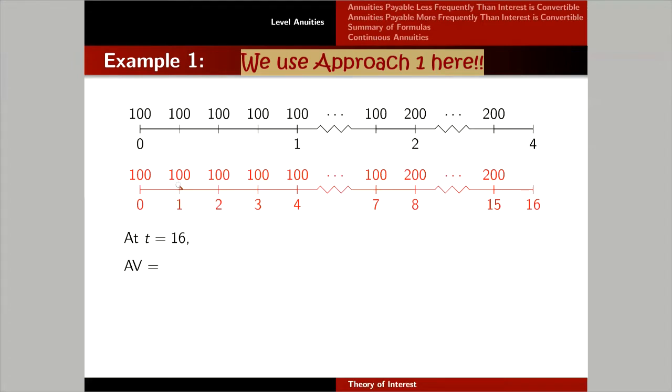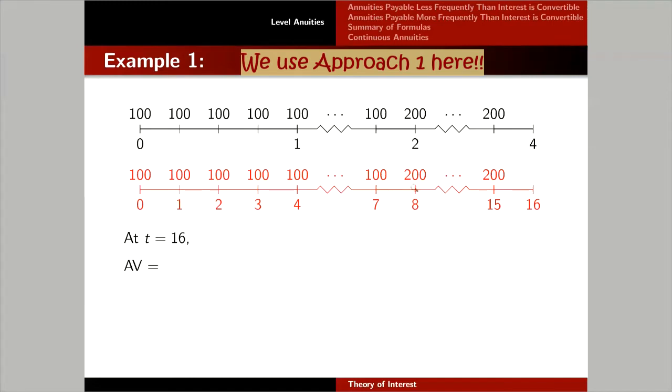100 times S double dot angle 8. But that value falls at T equals 8. Dito pa lang yun. Right? This is where you find your 100 times S double dot angle 8.